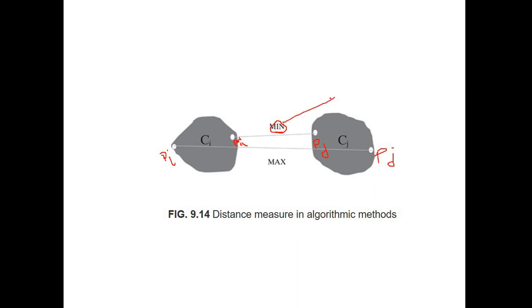If this minimum distance is less than some user-defined threshold value, then we can stop the clustering process, because when you reduce the difference, all the non-homogeneous points will be clubbed into the same cluster.